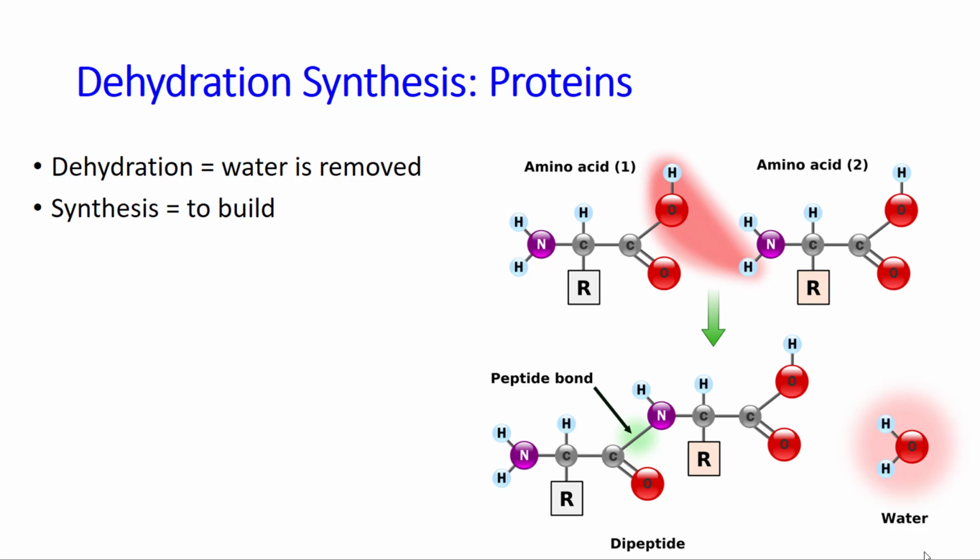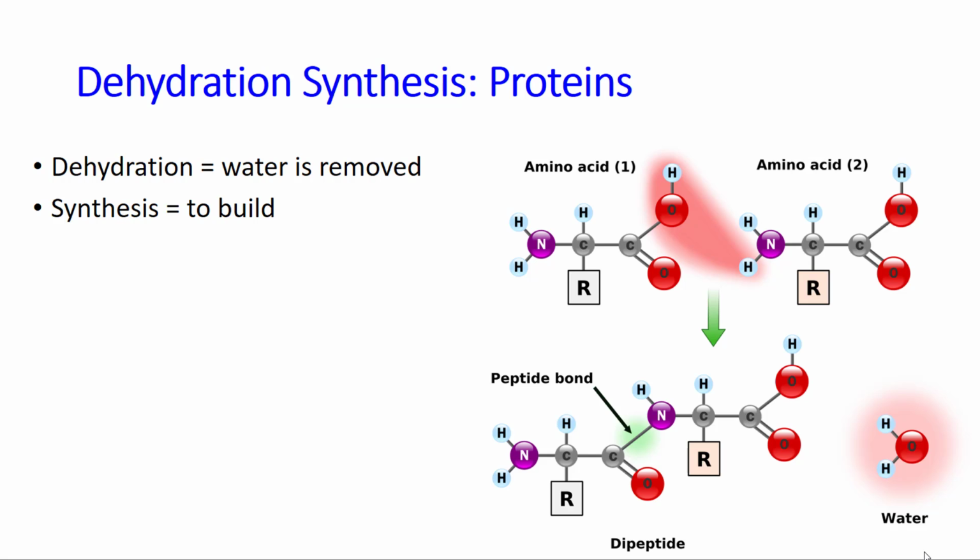So how does it work to build? For proteins, for example, we're going to do something called dehydration synthesis. Dehydration means we're taking away a water. We're going to make a water out of it. And synthesis is we're going to build it. So you notice at the top of the picture, I have 2 separate amino acids.